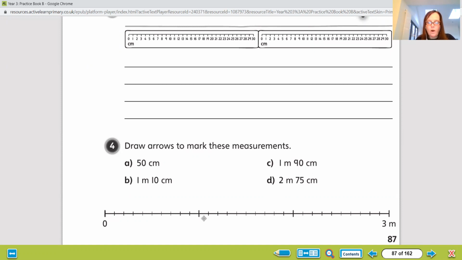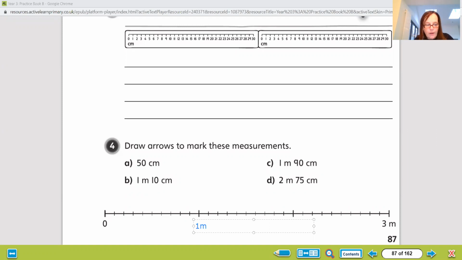So we've got 1, 2, 3 big lines going to 3 metres. So if I'm counting in 3s to 3, that tells me that each one of these big black lines must be worth 1 metre. So this line here is 1 metre.